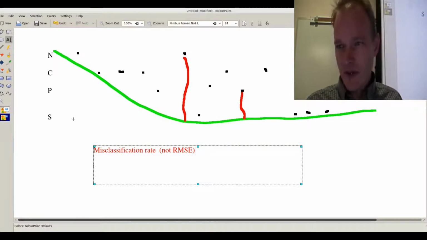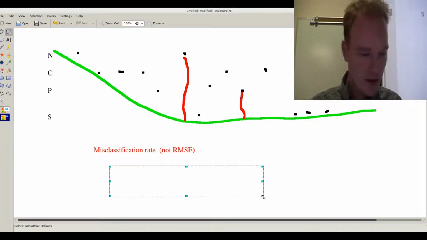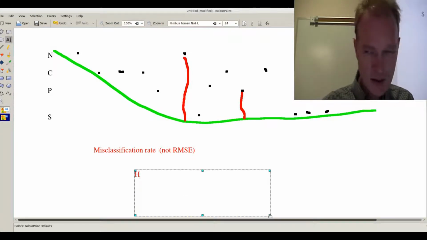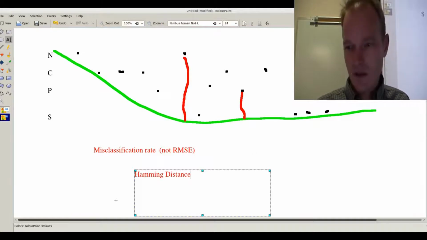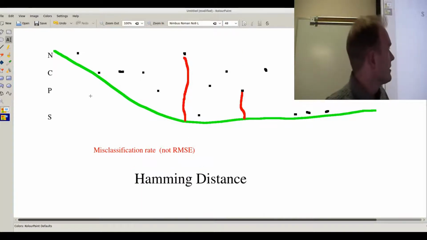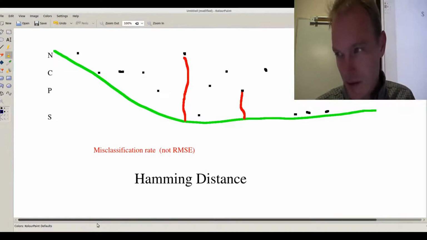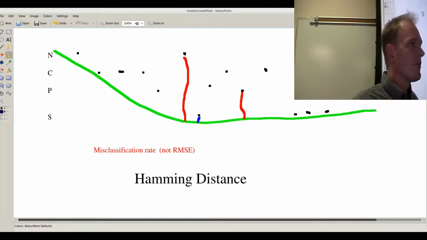Now, there is something called Hamming distance, which I need to mention. Has anybody heard of Hamming distance? Okay. So the idea of Hamming distance is if you're right, meaning we'll say that's right because it's so close that we'll snap to the same value, then your distance is 0.